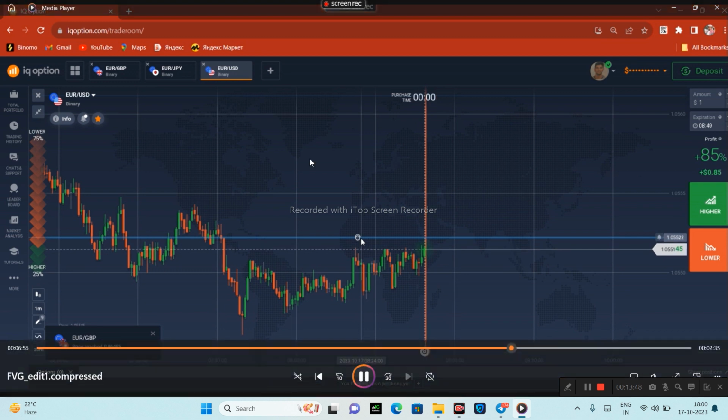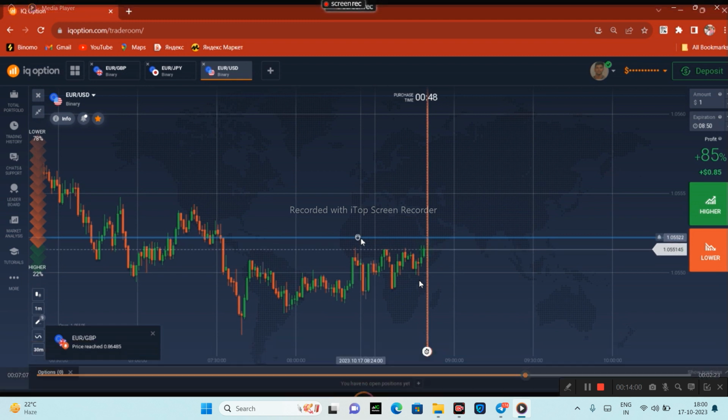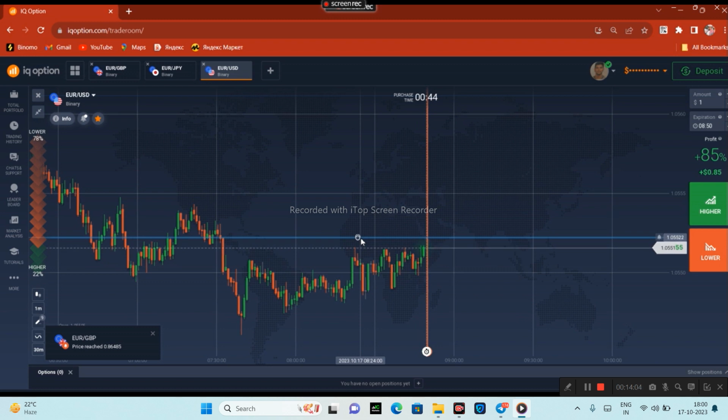Here also our trend is still downtrend, and I am waiting for the market to reach that fair value gap which I have just marked here. You may see that lines are overlapping because of their width.